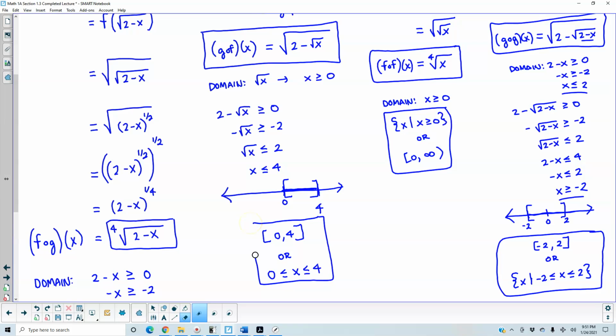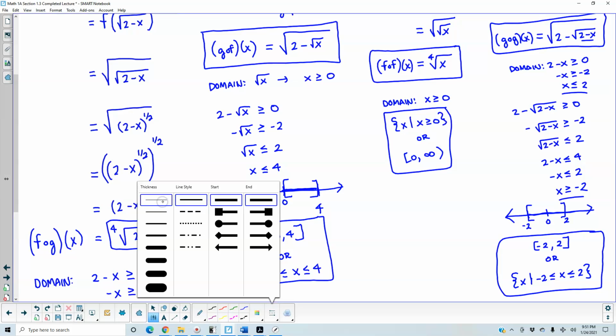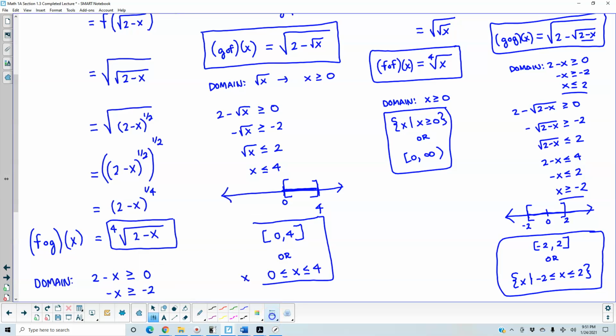And then in set builder notation over here, let me go ahead and correct that, or just add to it. This means x such that, in braces, x is in between 0 and 4.